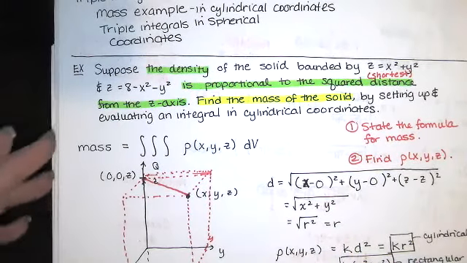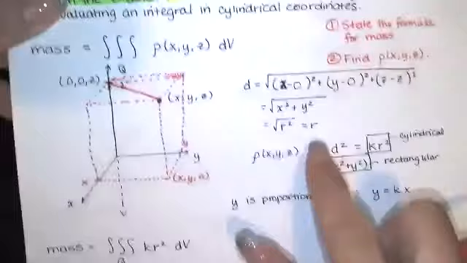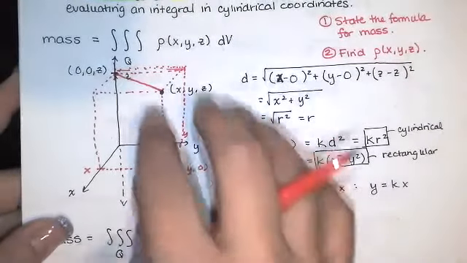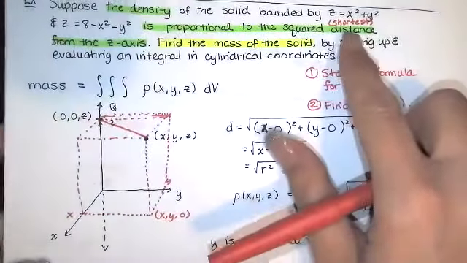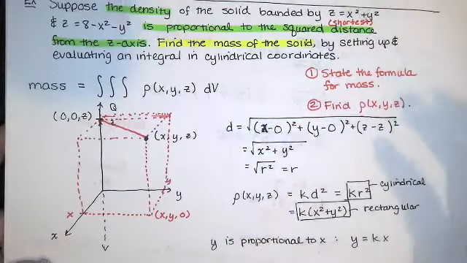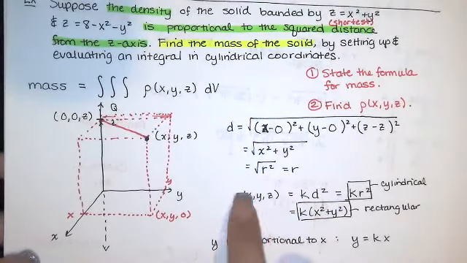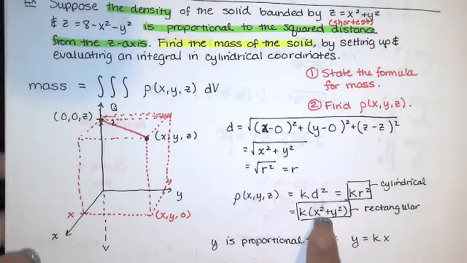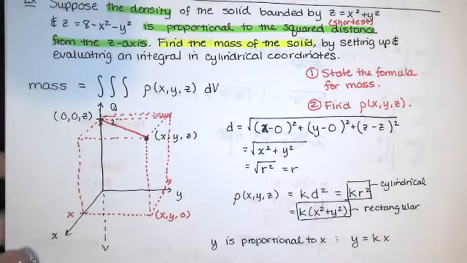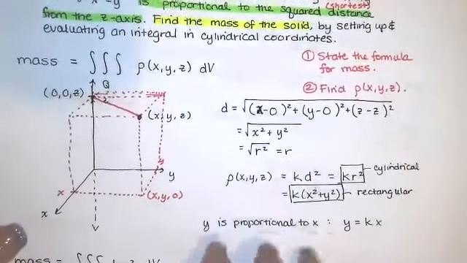And that required remembering the distance between 2 points, and some idea of what is meant by a distance between a point and a curve in three-dimensional space, and what that means is the shortest distance generally. And then we get that density in terms of x and y or r as appropriate, using this idea of proportionality.